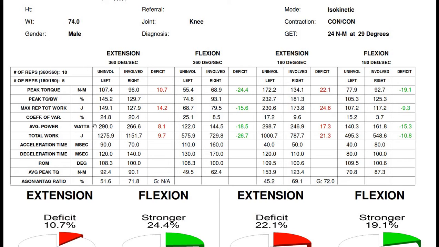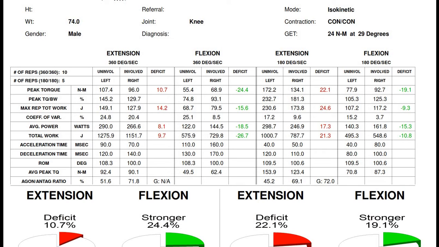So coefficient of variance, we haven't covered this previously. This is a measure of the reproducibility of the test that has been performed. Basically, if the participant were to perform the test again in the exact same situation, how likely is it that they would get the same results?